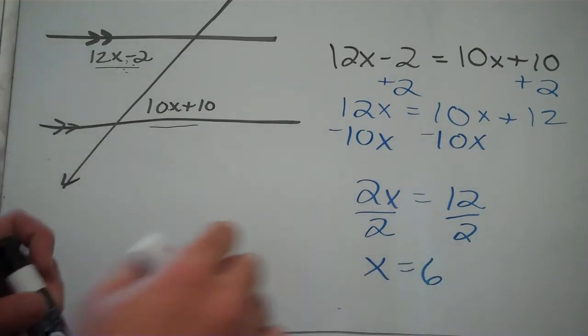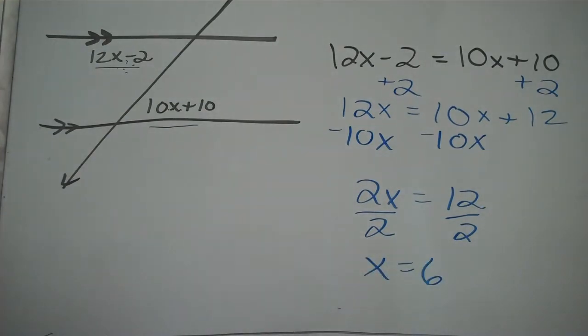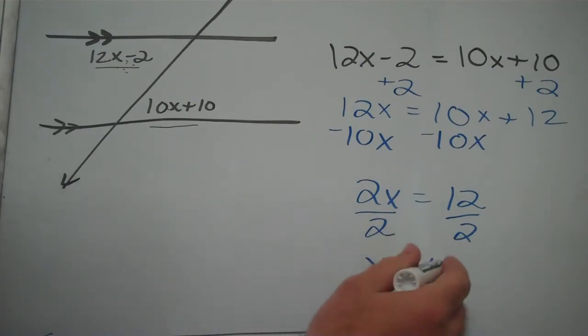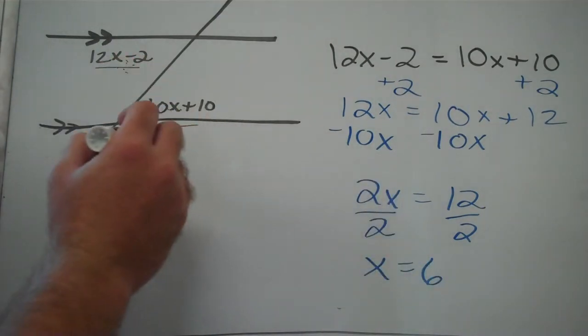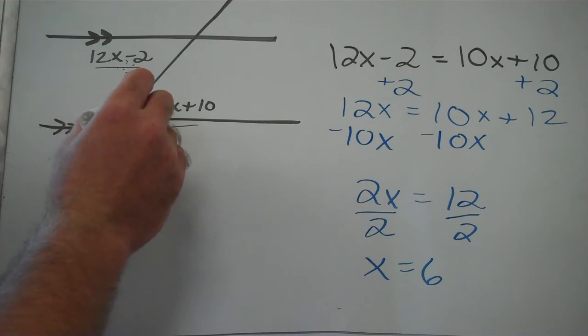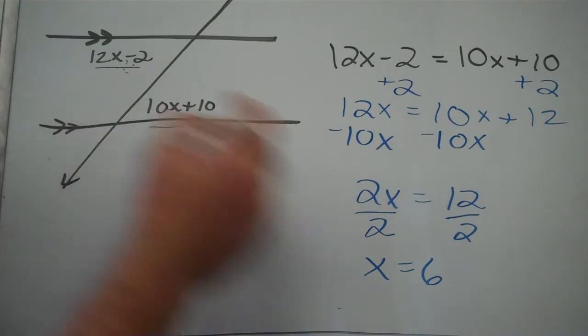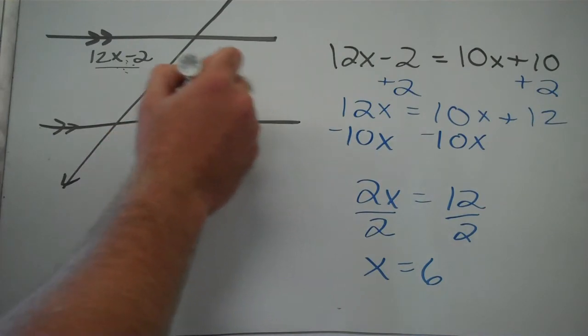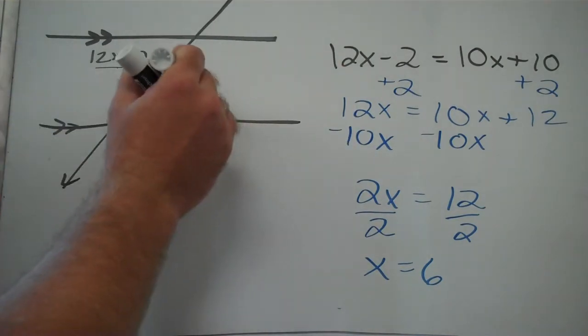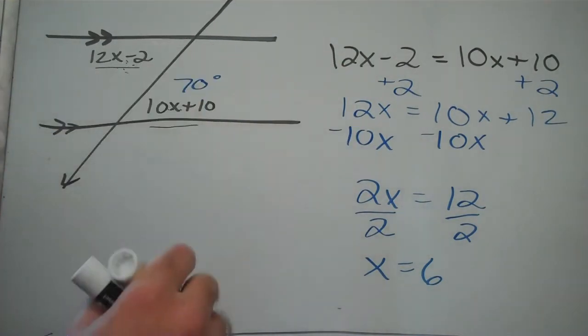Now, with most questions, remember, have we answered the question being asked? If x is equal to 6, does that provide me then with what these angle measurements are? Well, I'll take 10 and multiply it by my x, which is 6, so I'll get 60 plus another 10, and this angle measurement should be then 70 degrees.